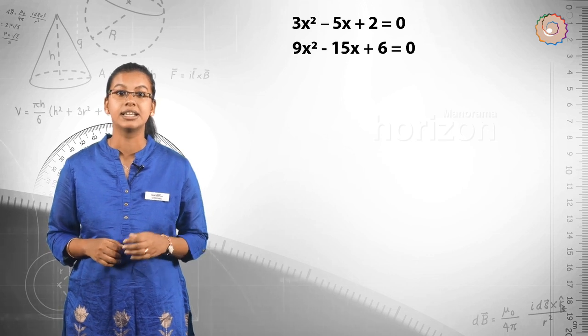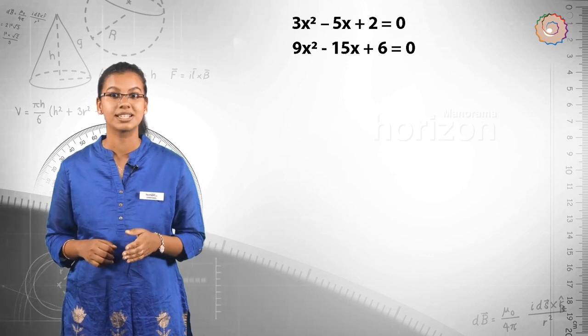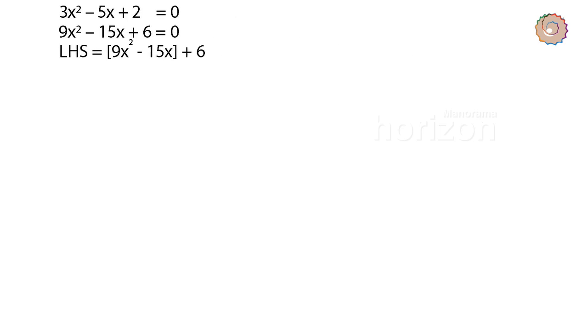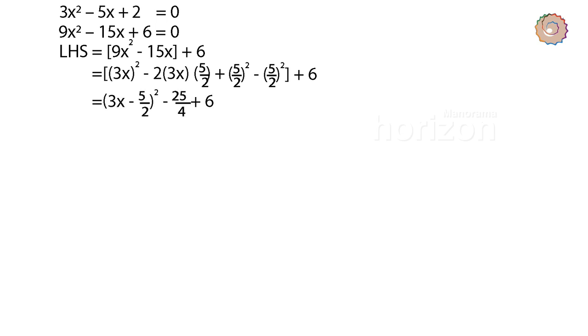Then in the LHS, 9x square minus 15x plus 6, considering the first two terms and comparing with the algebraic identity (a minus b) whole square equals a square minus 2ab plus b square, we can write (3x) whole square minus 2 into 3x into 5 by 2, and then add and subtract the b square term, that is (5 by 2) square, so that the first three terms become the expansion of (a minus b) whole square.